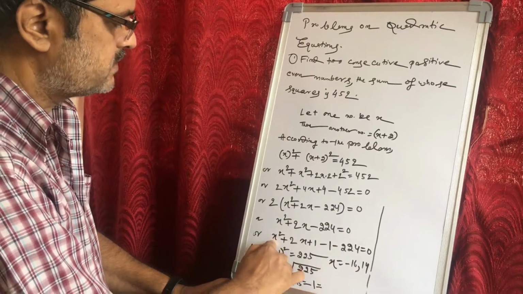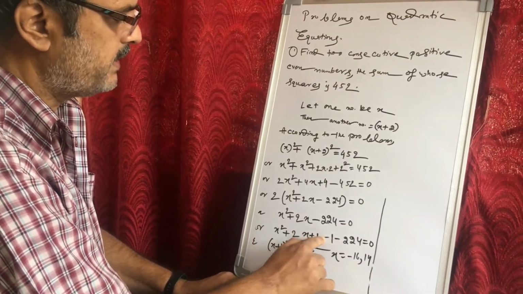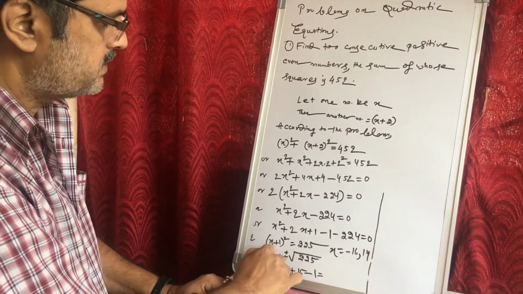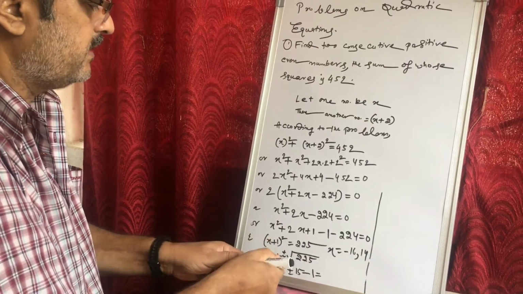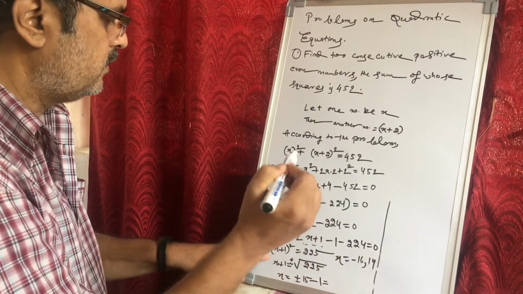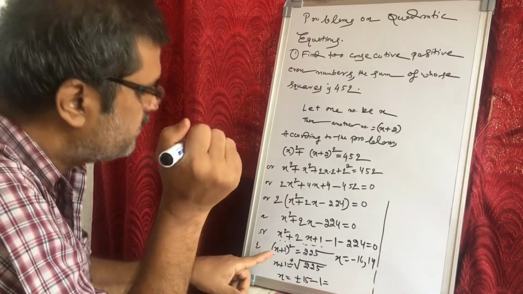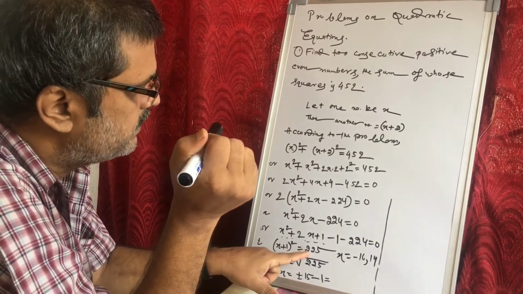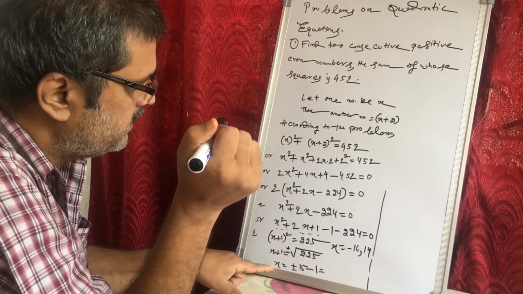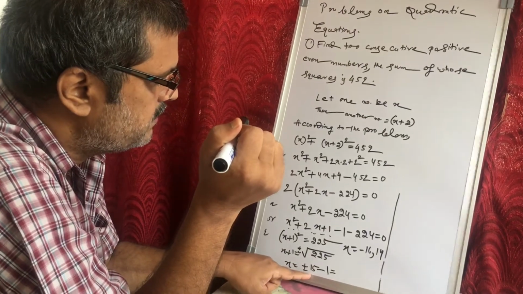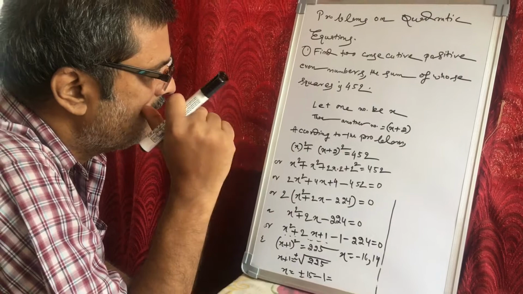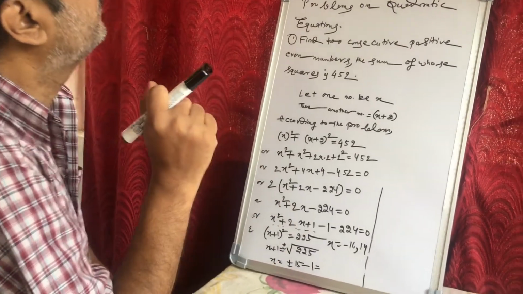Then x square plus 2x plus 1 minus 224 is equal to 0. Then x plus 1 whole square is equal to 225. So x plus 1 is equal to root of 225, x is equal to plus minus 15 minus 1. So the two values of x will be minus 16 and 14.